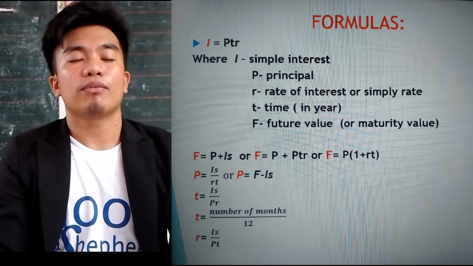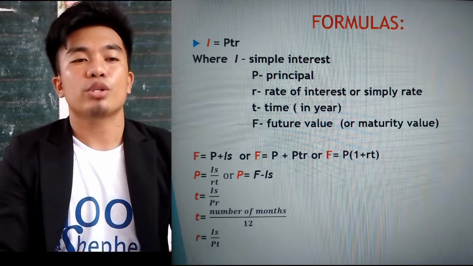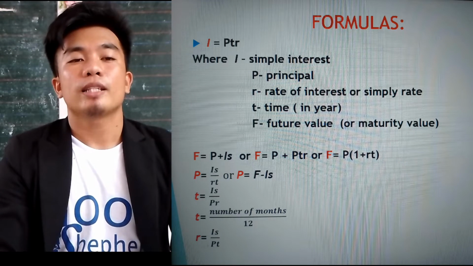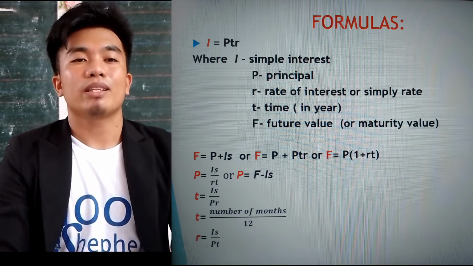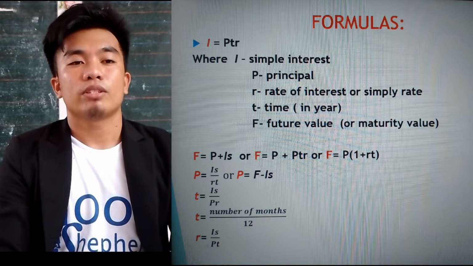Here's the formula of future value: F equals P plus interest, or F equals P plus principal times time times rate, or F equals P open parenthesis 1 plus rate times time.